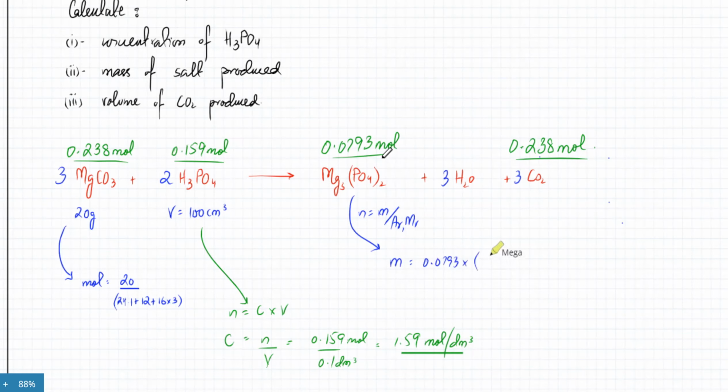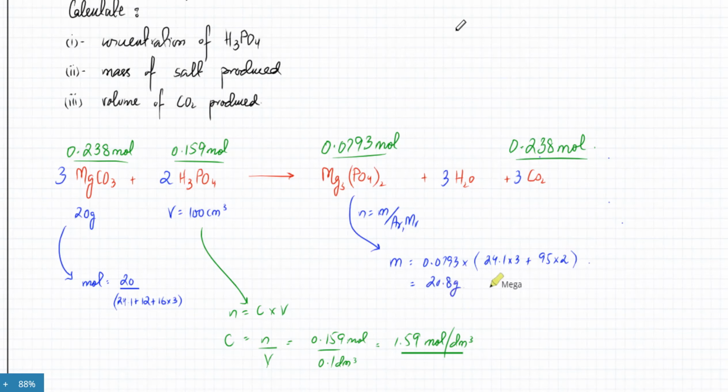It's going to be 24.1 times 3. P is 31. Oxygen is 16, into 4 is 64. So can anyone tell me what the mass is? What are we getting? So we are getting 20 point.